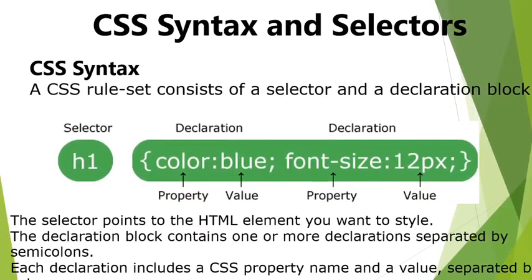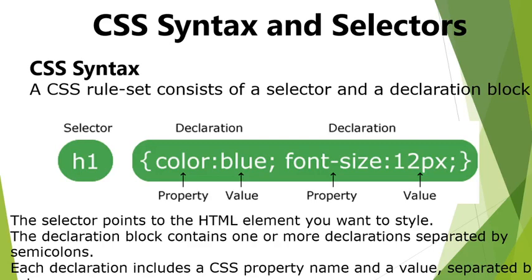Then we shall look at the CSS syntax and selectors, and to start with we can look at the syntax. In the syntax of CSS we usually have the first part, the selector, and then the declaration. For example, here we are saying that heading 1 will have color blue, and font size 12.